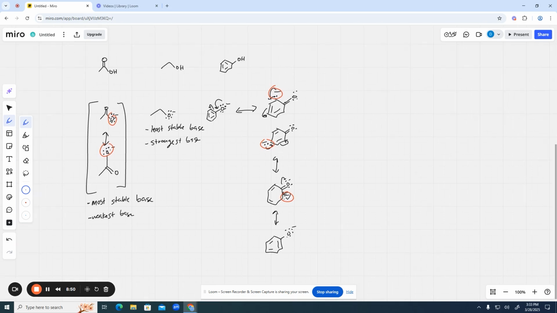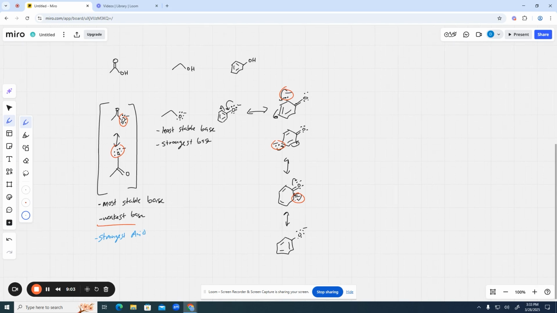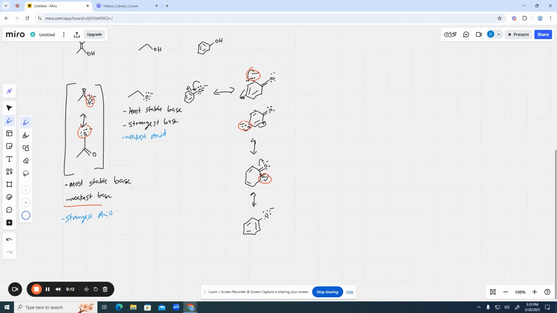So since this one is our weakest base, it's going to be our strongest acid. Conversely, since this one is the strongest base, it's going to be our weakest acid. This one falls in the middle.